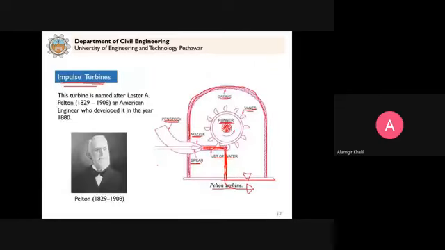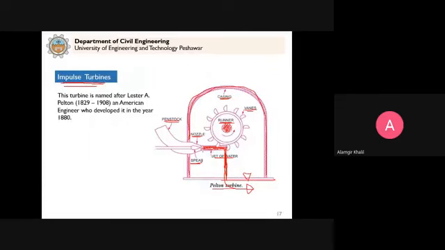So in case of impulse turbine, we do not have the gates to control the supply of water, because this can be here and we can have another nozzle that can be here.